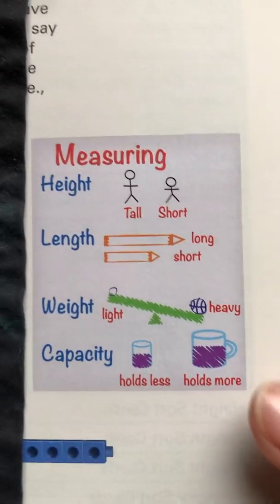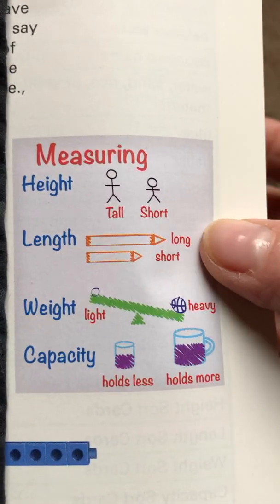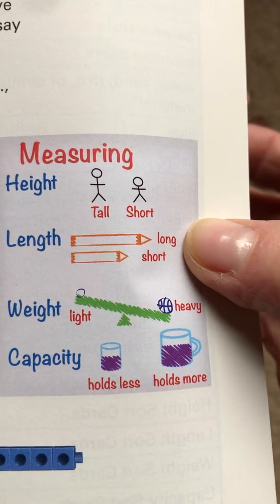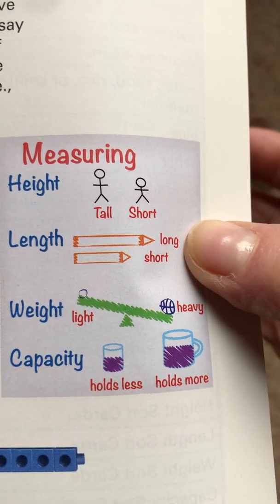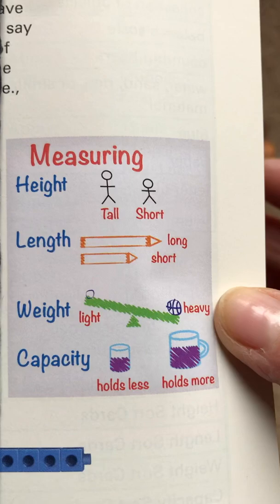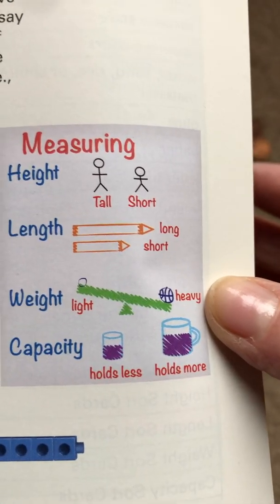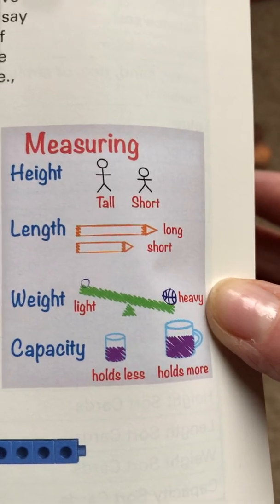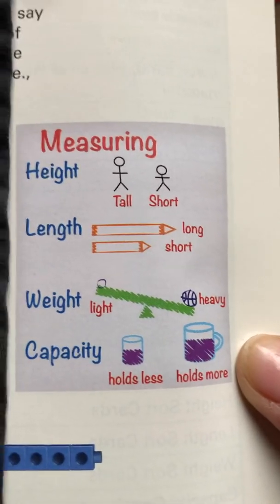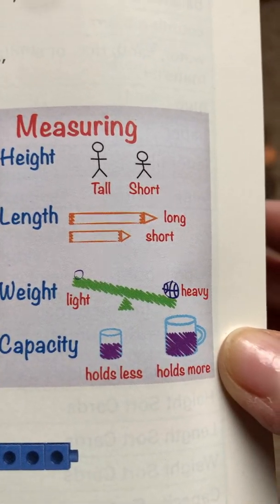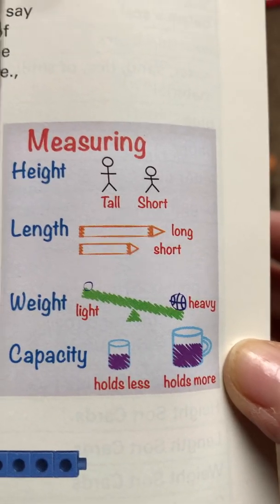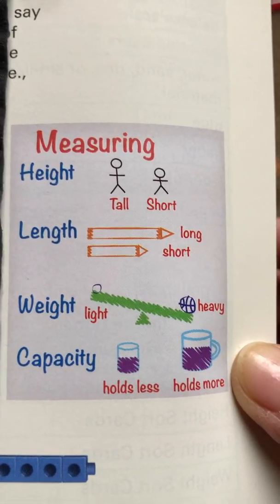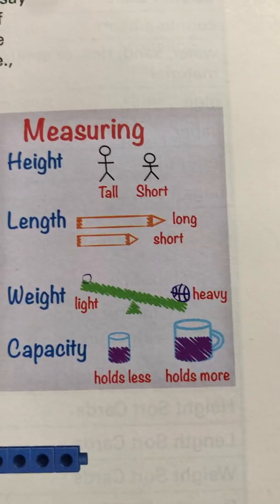You measure its length by using the words long and short. You measure its weight by using the words heavy and light. And capacity shows how much it holds, if it holds more or less.